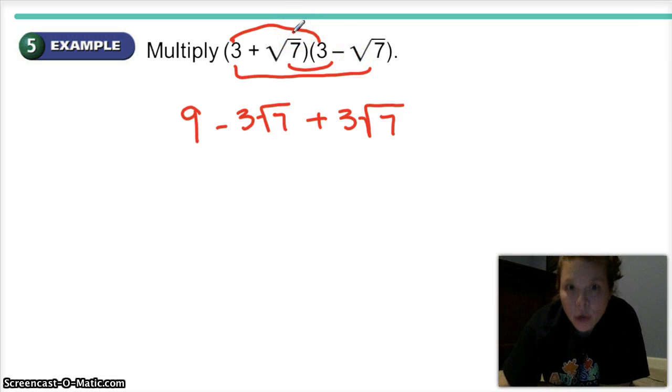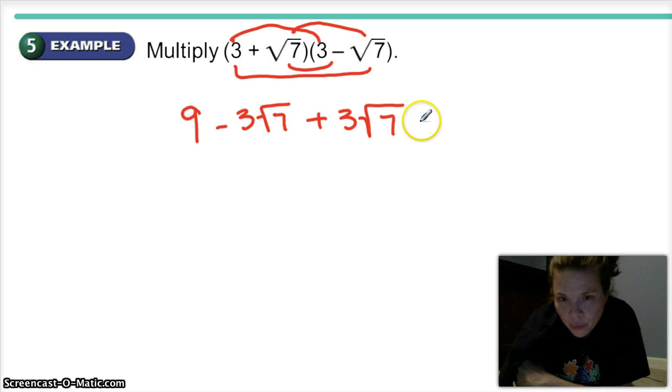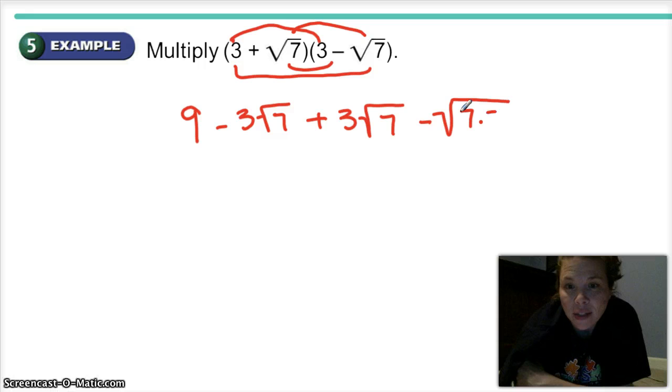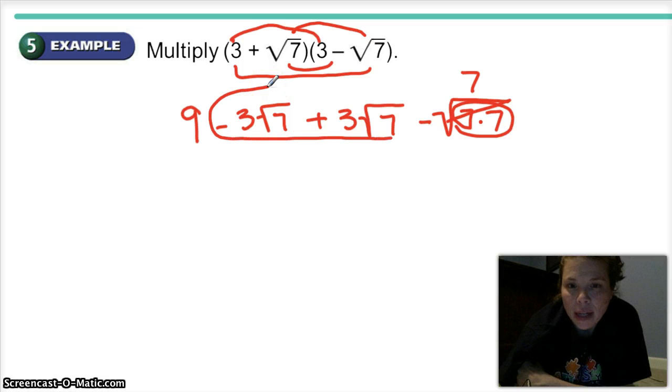Last terms, root 7 times negative root 7 is going to give us negative root 7 times 7. We have that pair, square root of 49. We know that this then gives us just a 7. The negative 3 root 7 and the positive 3 root 7 cancel out. Yay! So now we have 9 minus 7, which is 2.